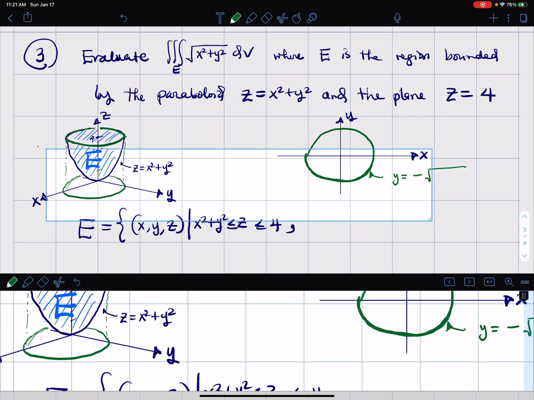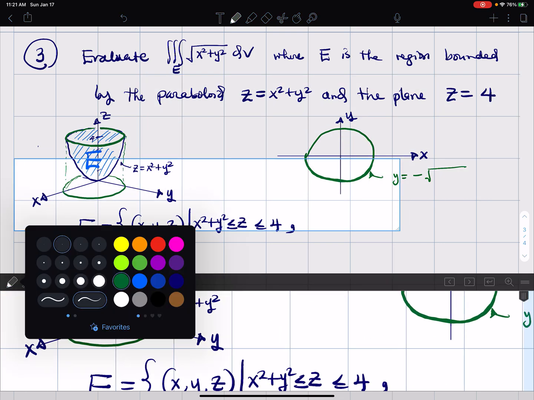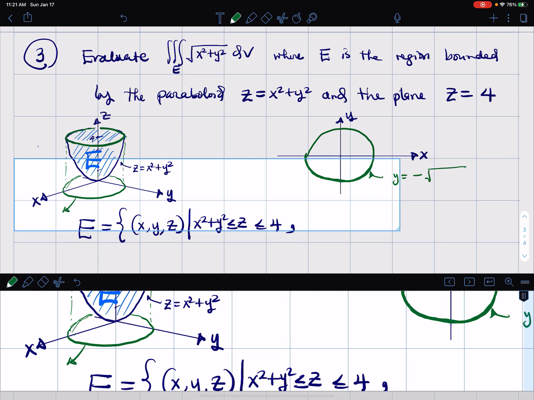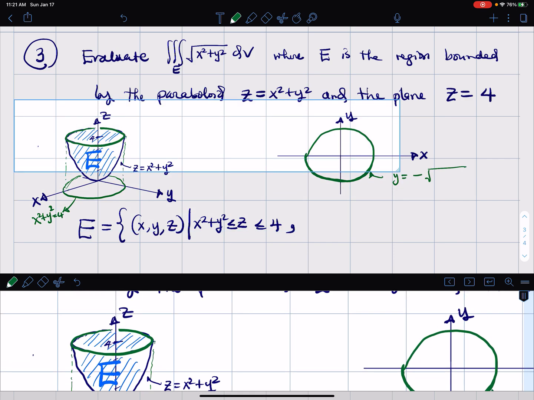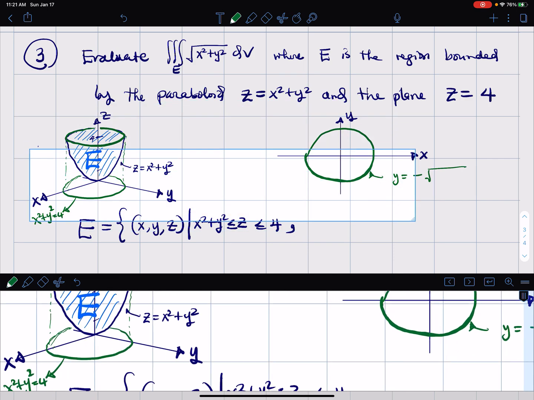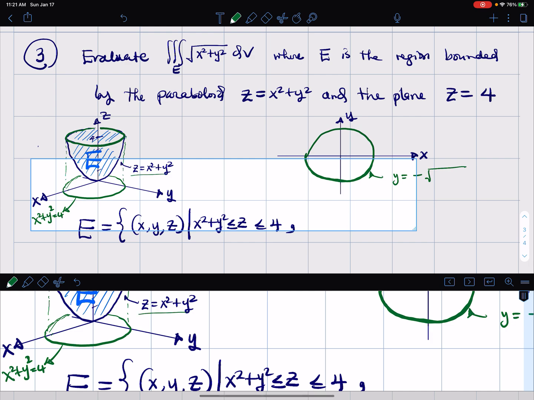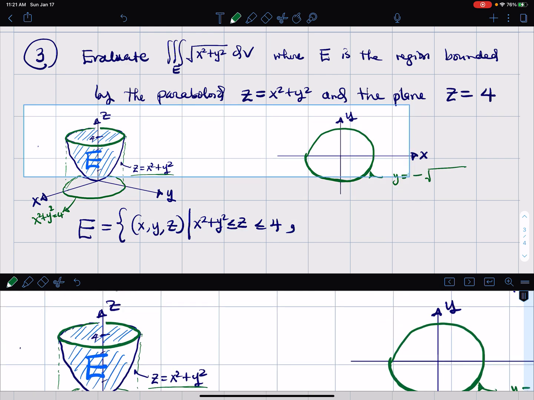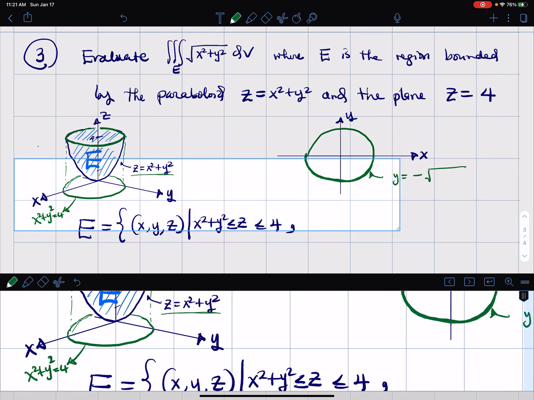Let's look at this circle. This circle is x squared plus y squared equals 4, right? Because x squared plus y squared is equal to z, and the intersection that gives us the circle is where z is equal to 4, all right?